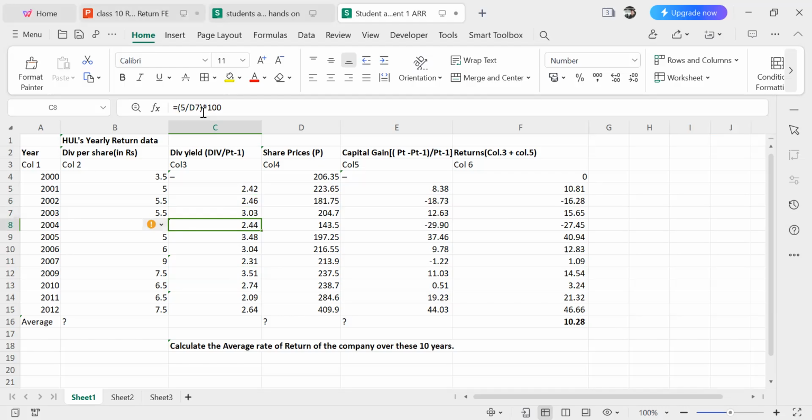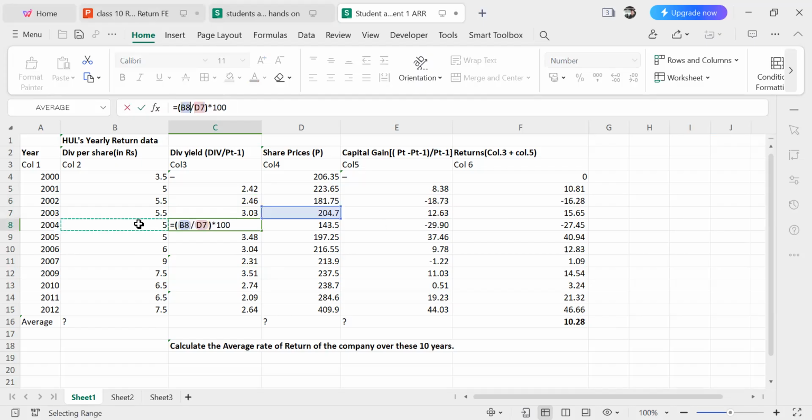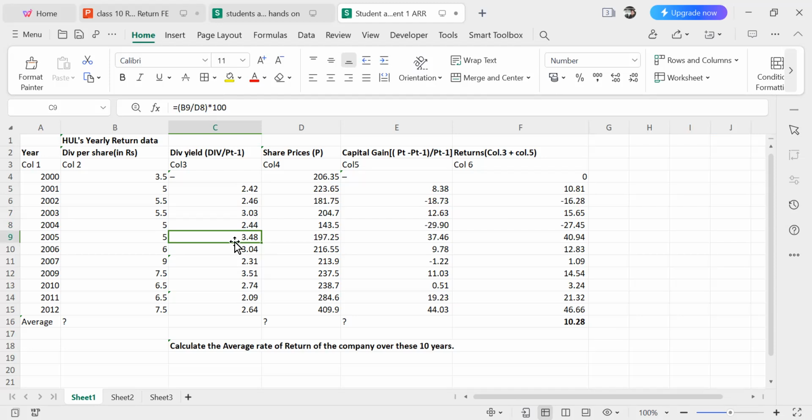So what I'll do is, in the calculator, if I'm calculating for the 11th year, it is 2.72. 6.5 divided by 238.7. Again in the ninth year.